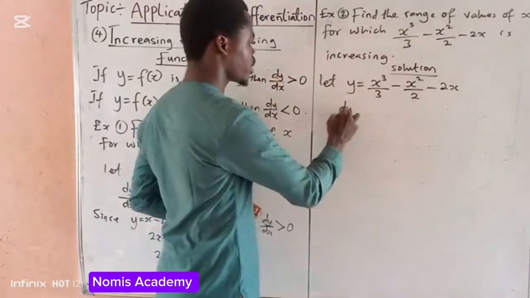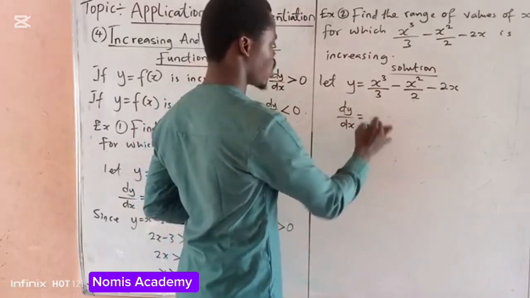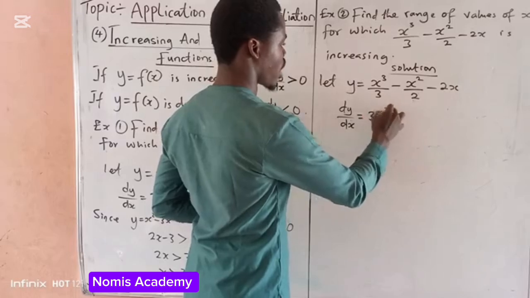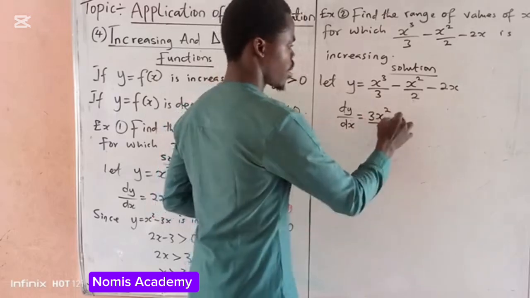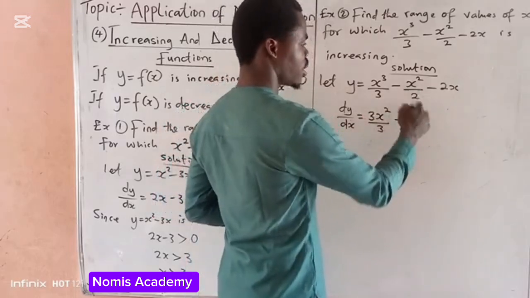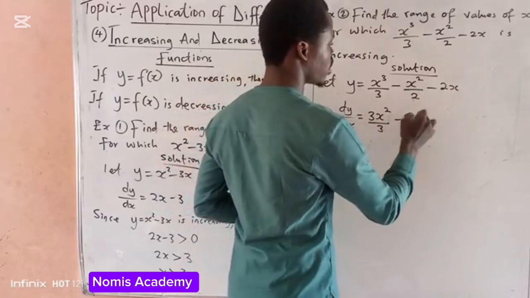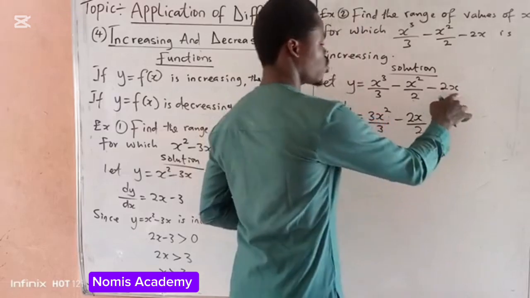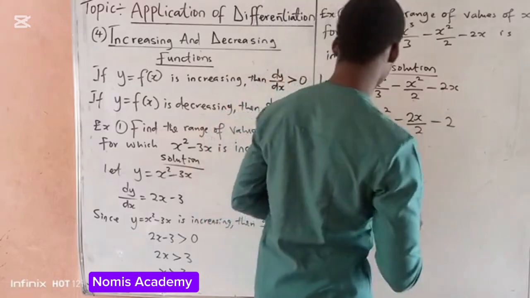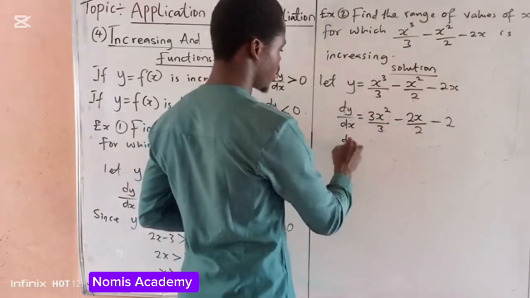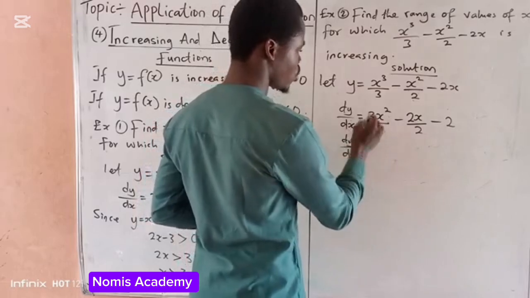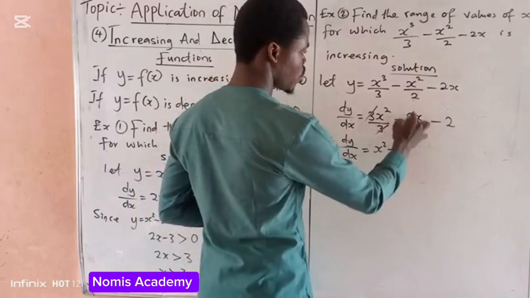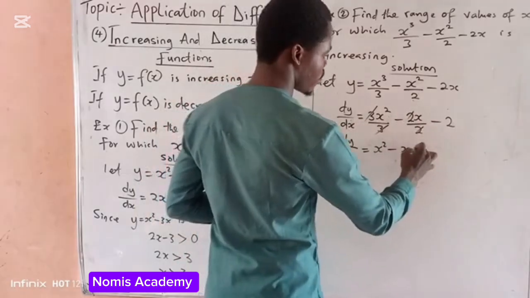So dy over dx is equal to 3x squared all over 3 minus 2x all over 2, and then minus, differentiate 2x, you have 2. So we have dy over dx equal to, 3 cancel 3, we have x squared, minus 2 cancel 2, we have x, minus 2.